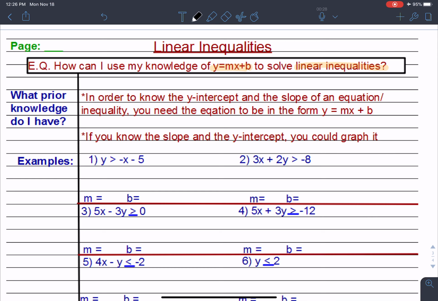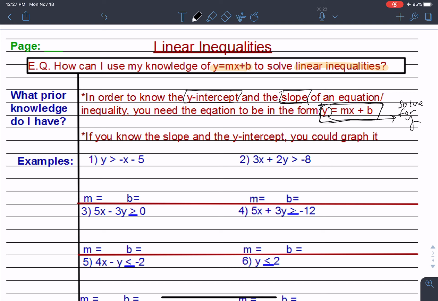So what prior knowledge do I have? In order to know the y-intercept and the slope of an equation or an inequality, you need the equation to be in the form of y equals mx plus b. So in other words, we're going to have to solve for y to be able to identify my slope and my y-intercept.